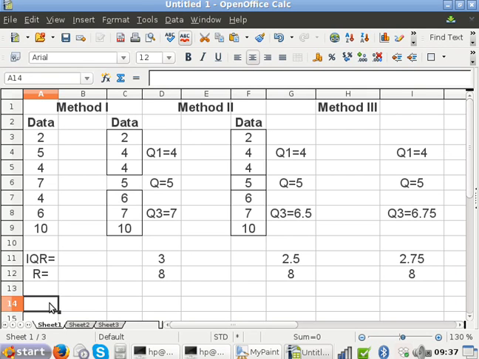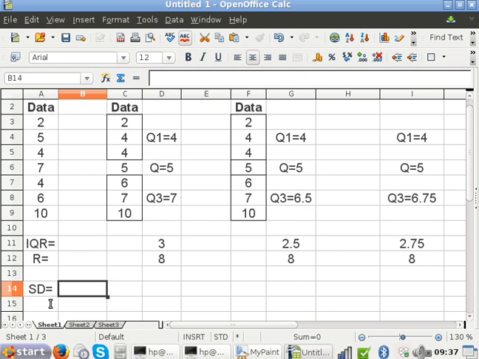Okay, I know we did standard deviation last week, but I just want to show you something here if I calculate it. So let me just calculate it here.